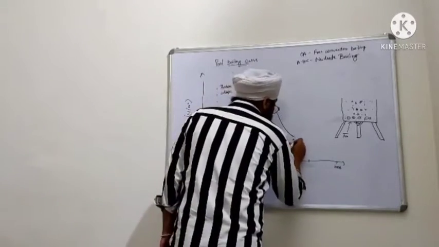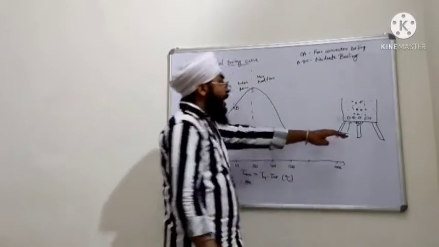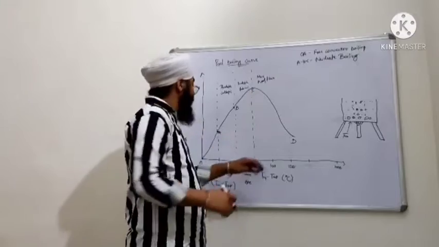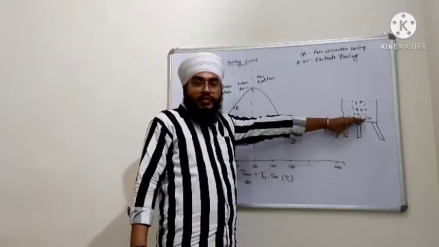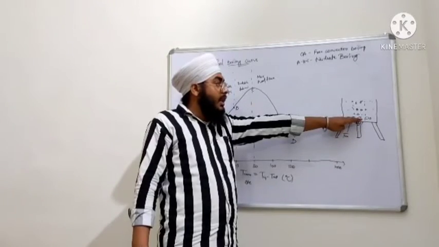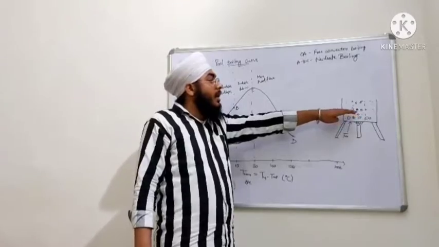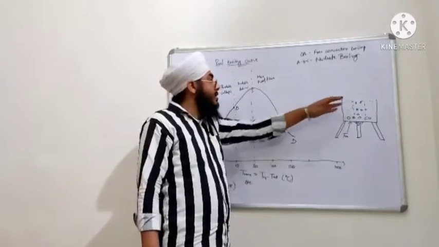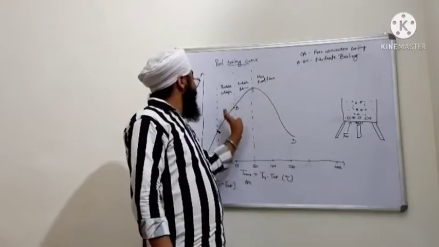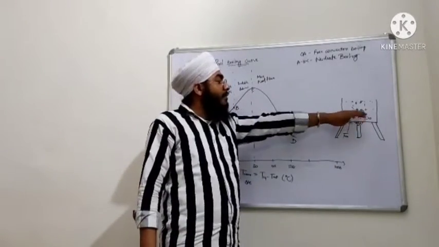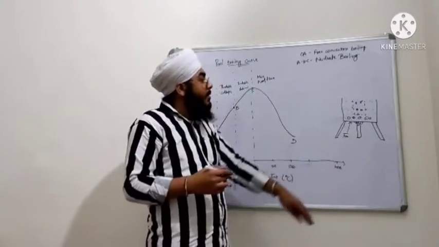Now what happens from C to D? As we discussed before, from O to A, free convection boiling, heat is transferring to the liquid. There are bubbles forming and they are giving that heat to the liquid and thus collapsing, bubble collapse. And from B to C, more and more heat will be transferred and there will be a bubble flow.